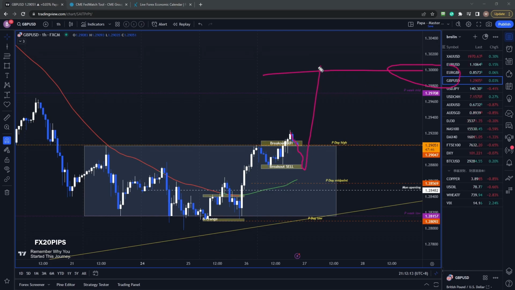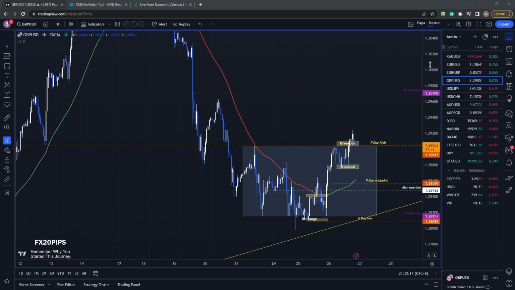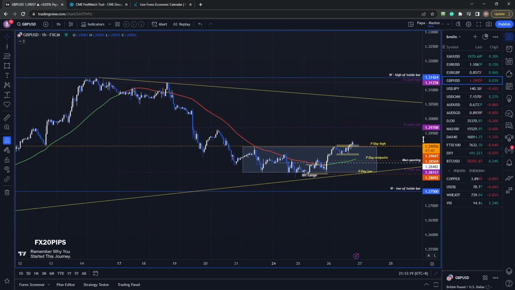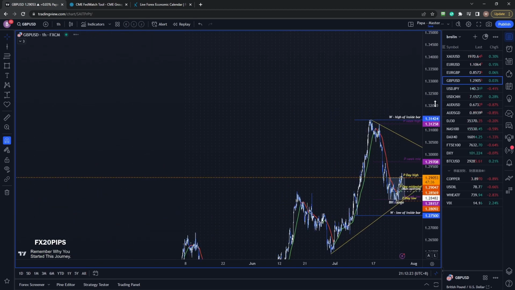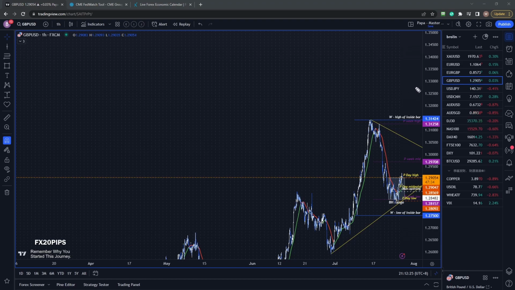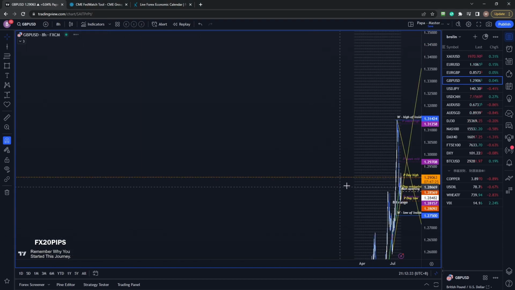Okay, once it goes past 1.3, then the next opportunity for the stop is 1.33. Okay, this will be taken out quite easily, I think. Let me go to the 8 hours.